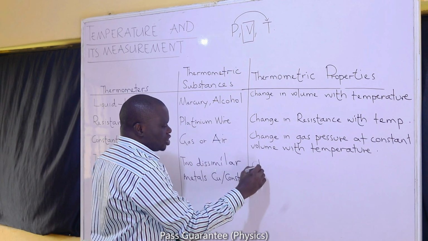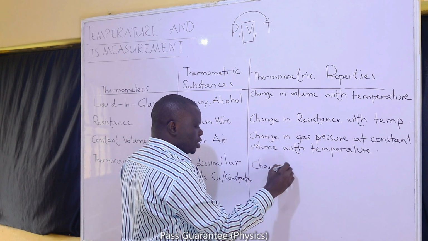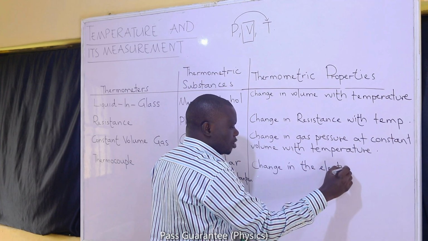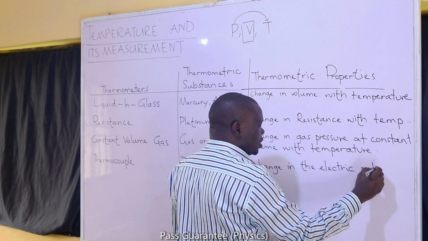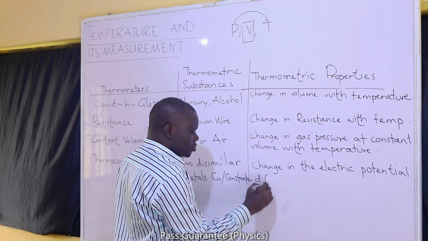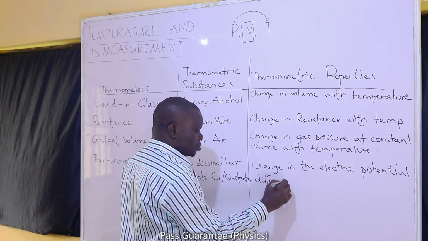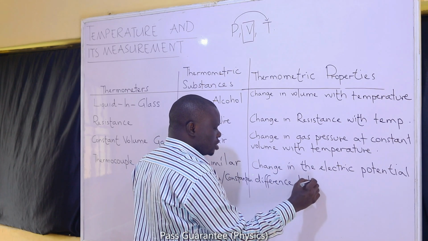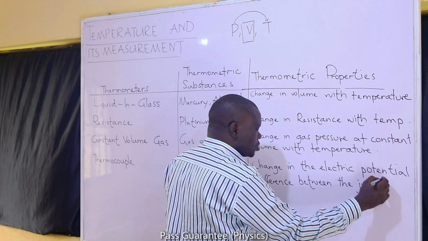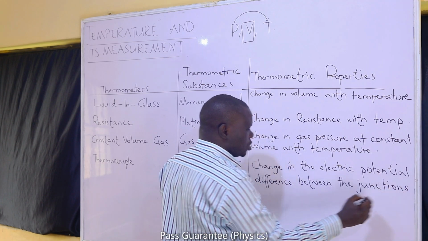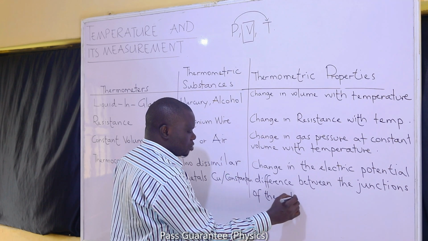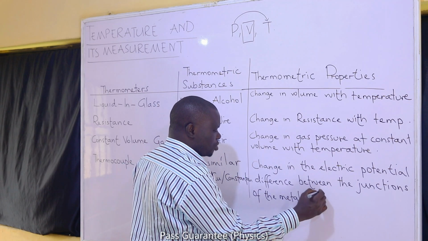Thermocouple is a change in the electric potential difference between the junctions of the metals with temperature.